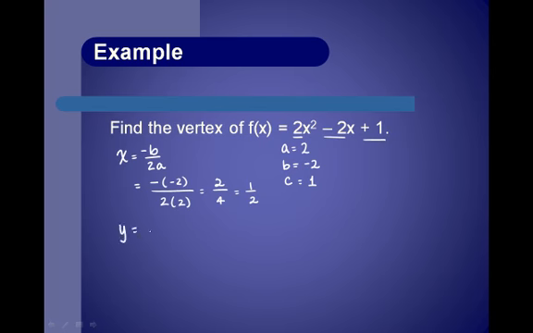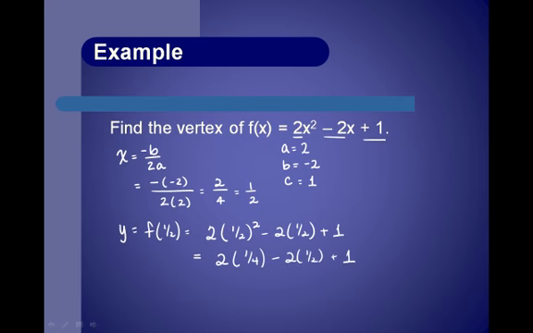Now to find the y value of the vertex, we're going to take 1/2 and plug it back into the function, which we call f of 1/2. So that would be 2 times 1/2 squared minus 2 times 1/2 plus 1. So using the order of operations, we're going to do exponents first. So that would be 2 times 1/4 minus 2 times 1/2 plus 1.